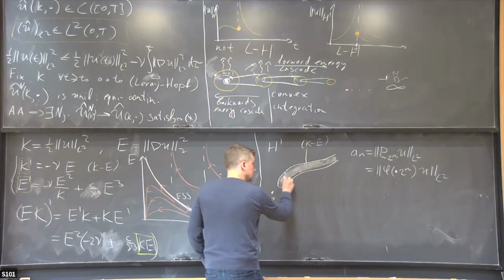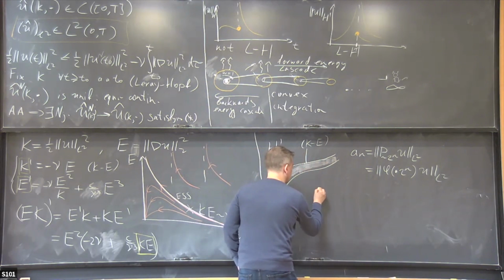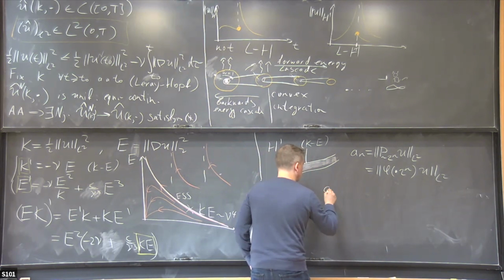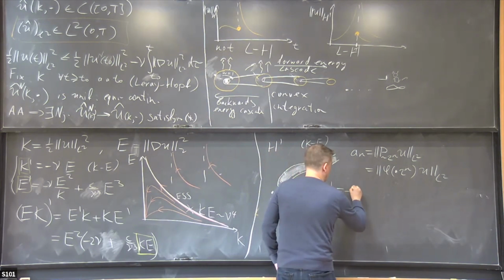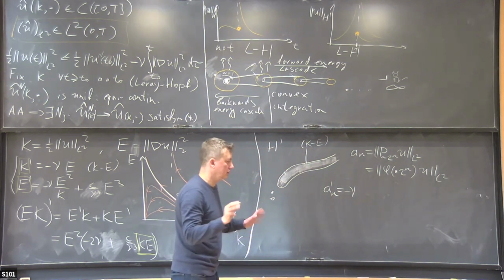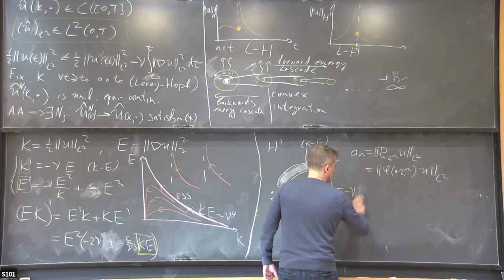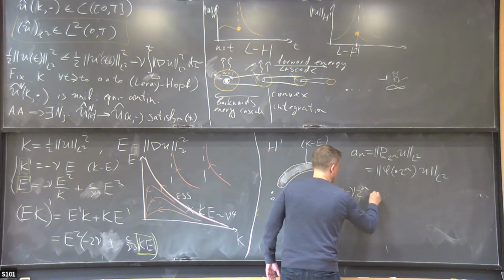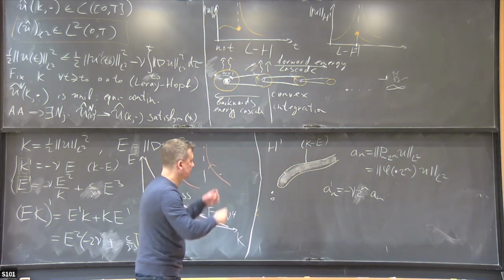And in this region, you'll see the following system. A_n prime is minus, so this is a linear term, that's easy, it's always the same, nu times the frequency, I call it 2 to the power n, A_n, and then the interactions in the nonlinear term.